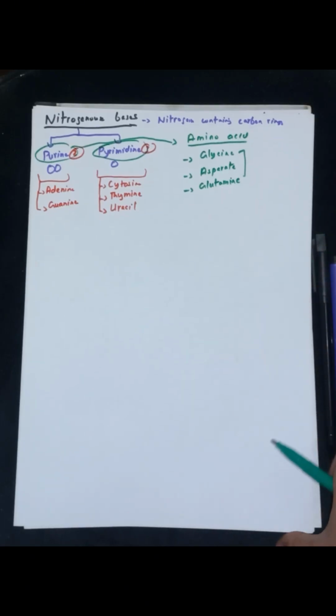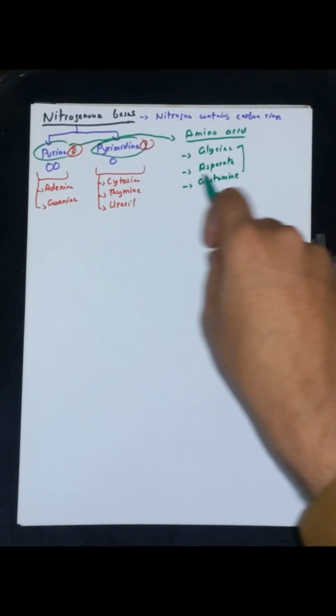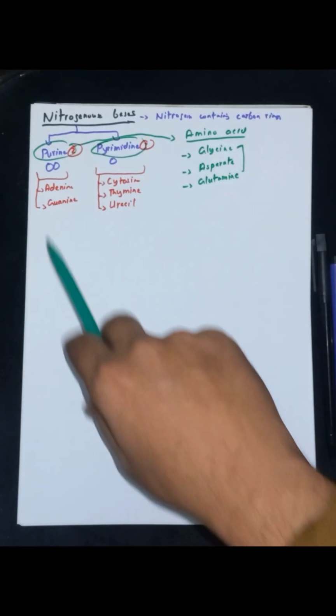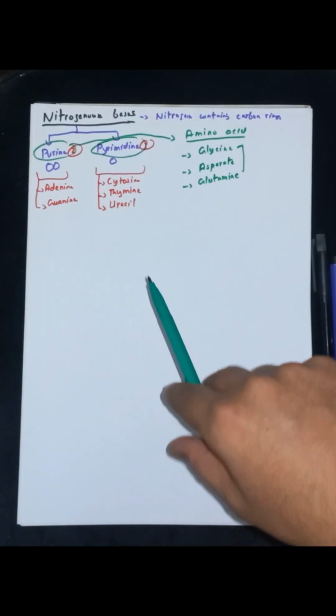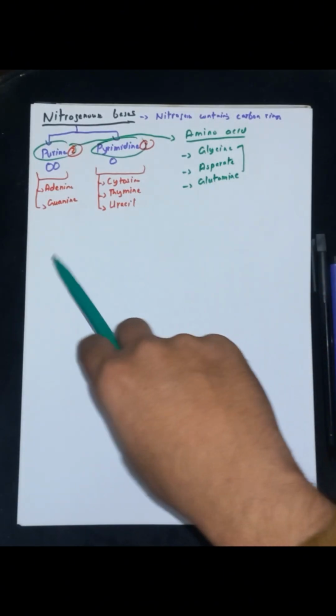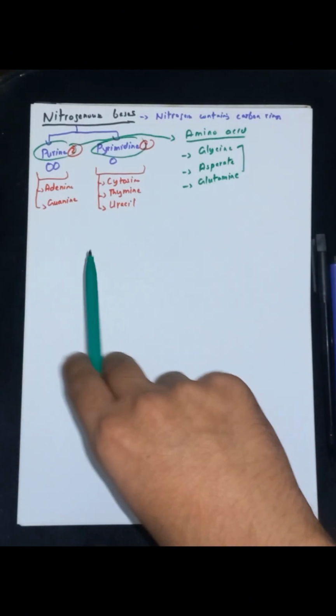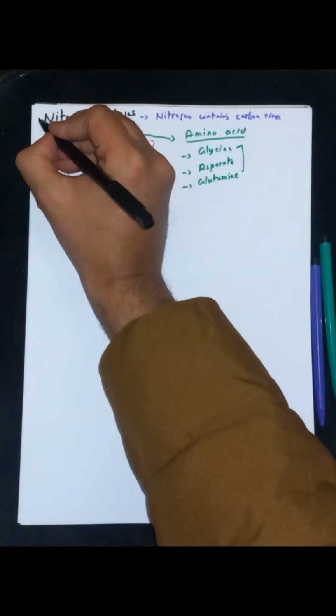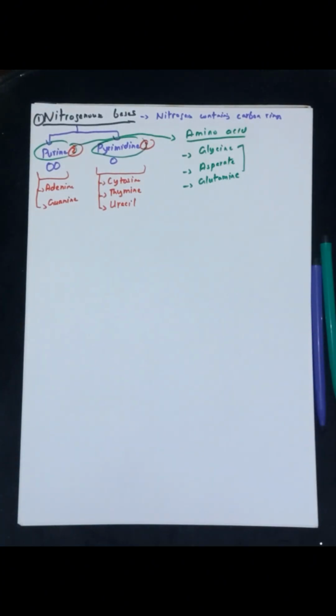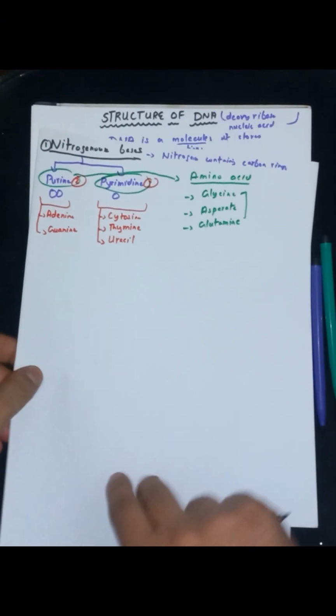These are the amino acids which are forming the nitrogenous bases, purine and pyrimidine. Okay, so now we have got our nitrogenous bases. This was the first thing required for the formation of DNA. So let's see which was the second thing here.